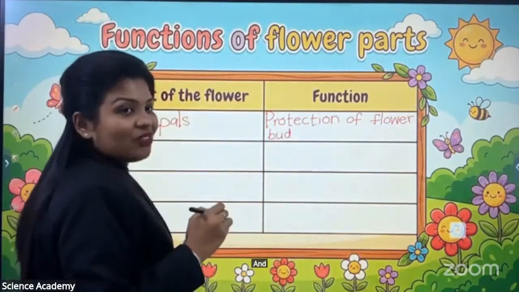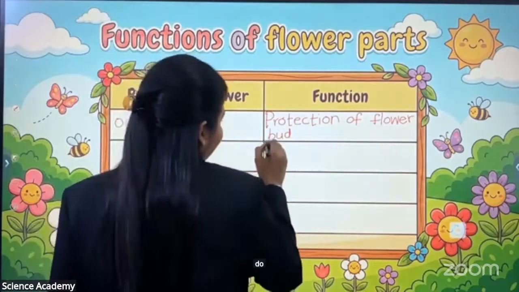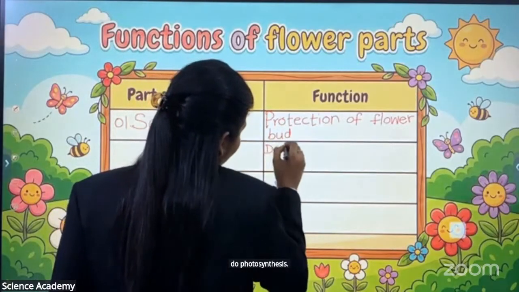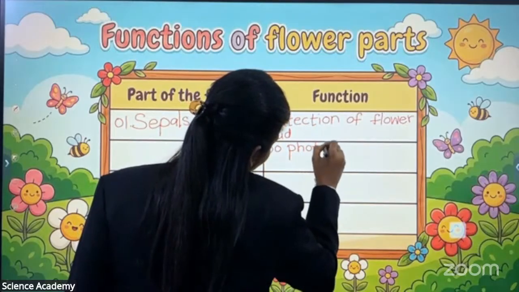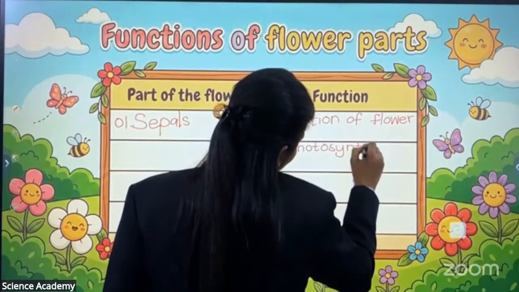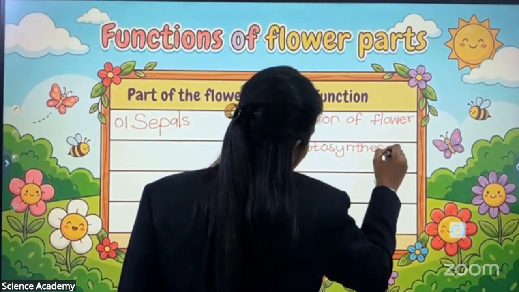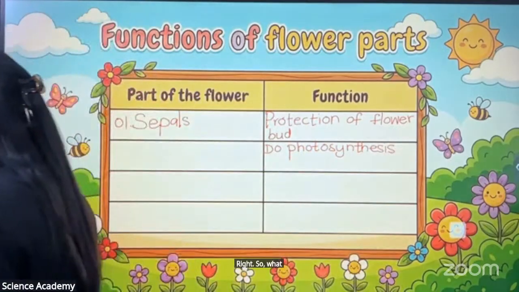And what is the other function I told you? Do photosynthesis. Okay? Right.